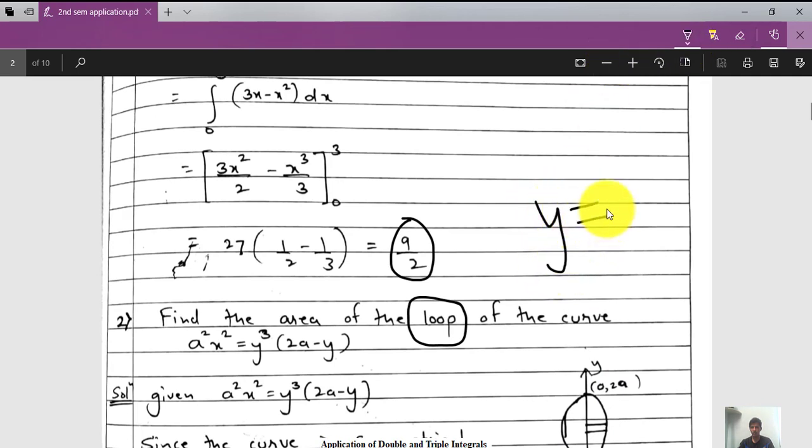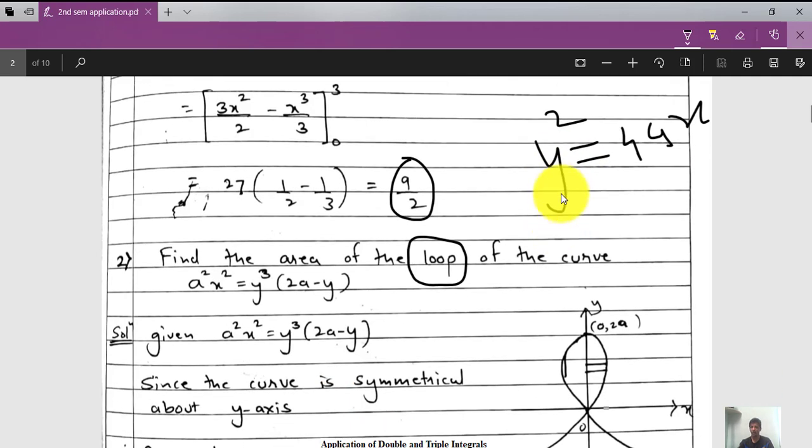Suppose y square is equal to 4ax. It depends whether the power of y is even or odd, or the power of x is even or odd. Or, after substituting certain values, suppose I take y is equal to x: if x is 0, then y will be 0, and if y is 0, then x is 0, if you interchange these two values.